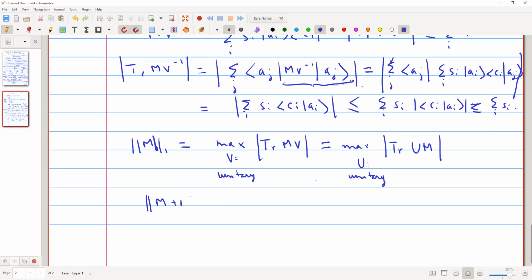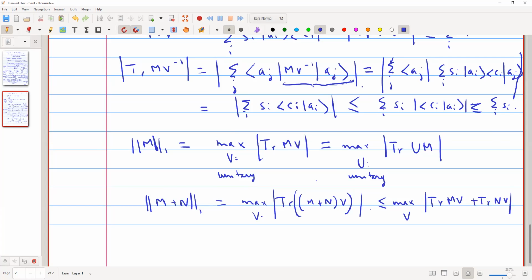I have the one norm of M plus N. So this is equal to the max over V of the trace of M plus N times V. And by the triangle inequality, this is at most the max of trace of MV plus the max of trace of NV. And in particular, this is less than or equal to the one norm of M plus the one norm of N.